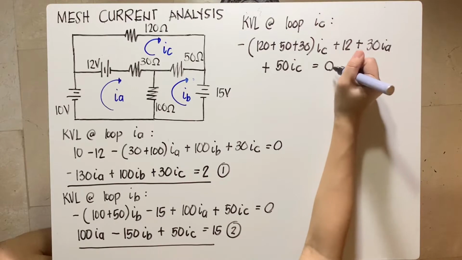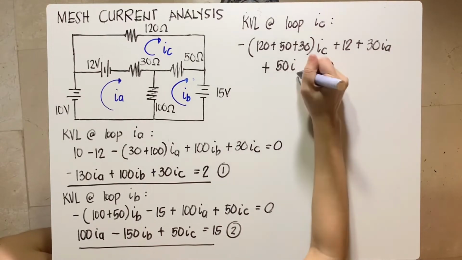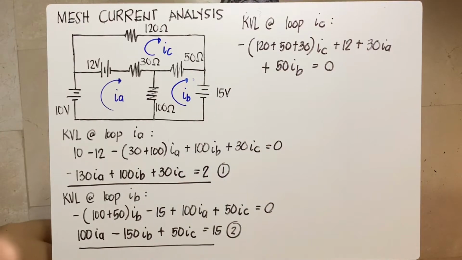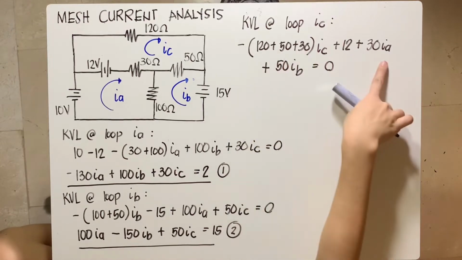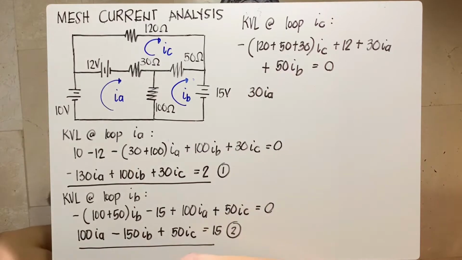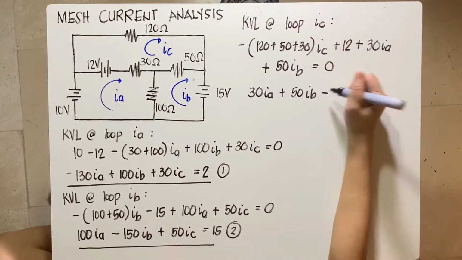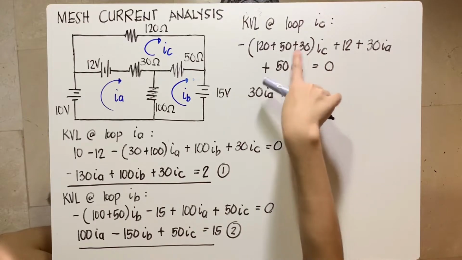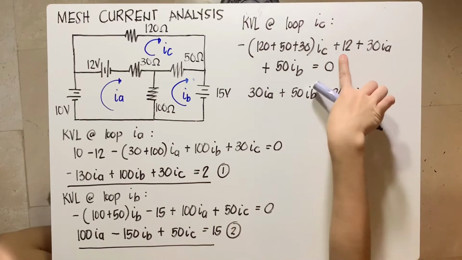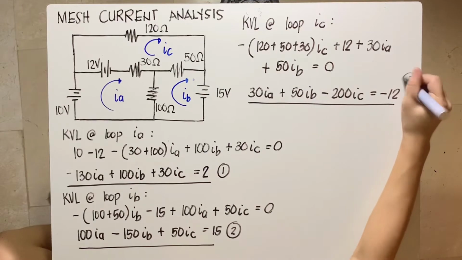After that, arrange the terms in ABC sequence. We have 30 IA plus 50 IB minus 200 IC equals the constant, transposed to the right, negative 12, and this is your equation number 3.